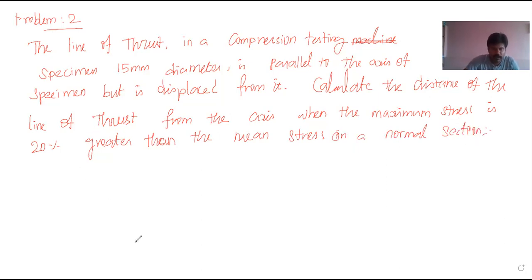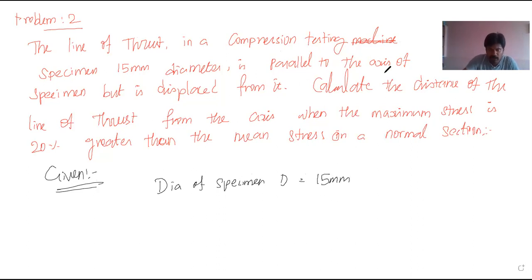So this is the given data. The line of thrust is nothing but the axis. In a compression testing machine, the specimen diameter D is equal to 15, and the line of thrust is parallel to the axis of the specimen but is displaced from it.